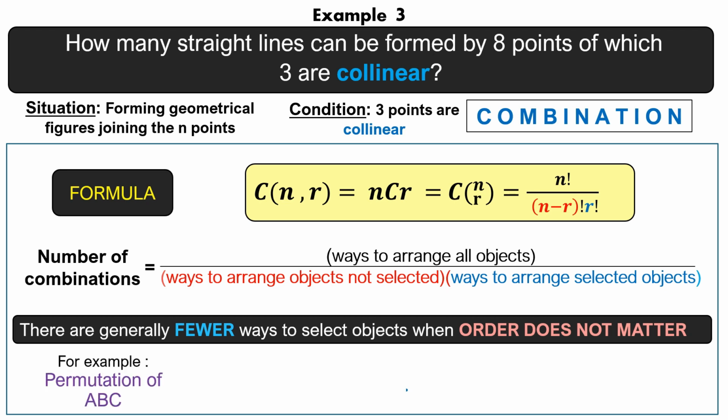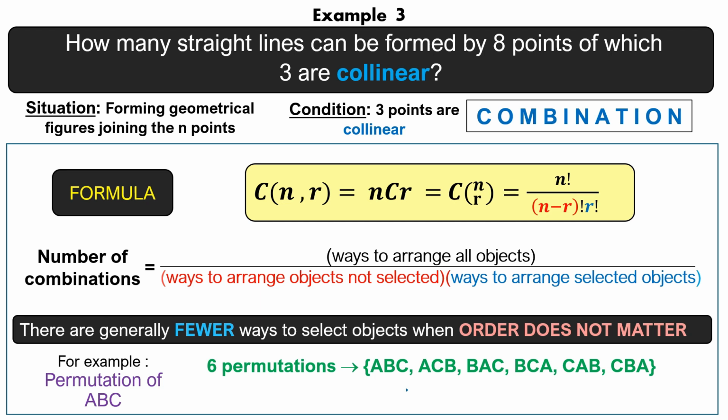For example, the permutation of 3 letters ABC. In permutation, may 6 arrangements lang tayo dito: ABC, ACB, BAC, BCA, CAB, and CBA. Now, ang equivalent nito sa combination is one combination only.